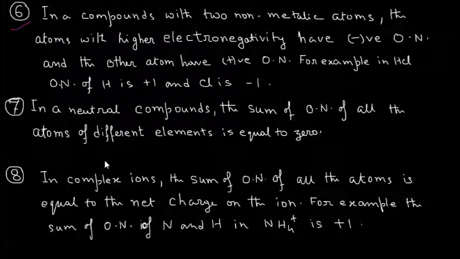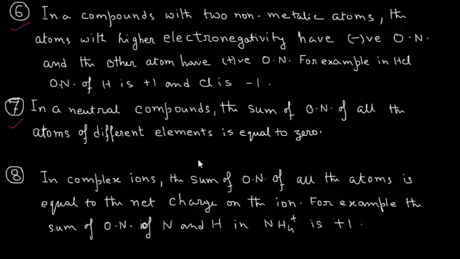So in neutral compounds, rule number 7. In neutral compounds, the sum of the oxidation numbers of all the atoms of different elements is equal to 0. So take any compound, for example NaCl.